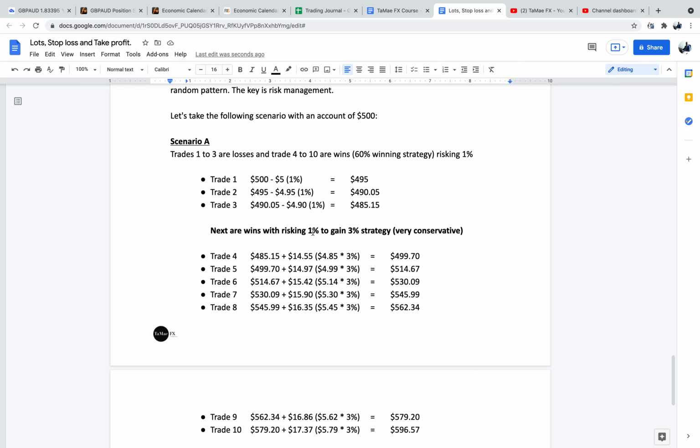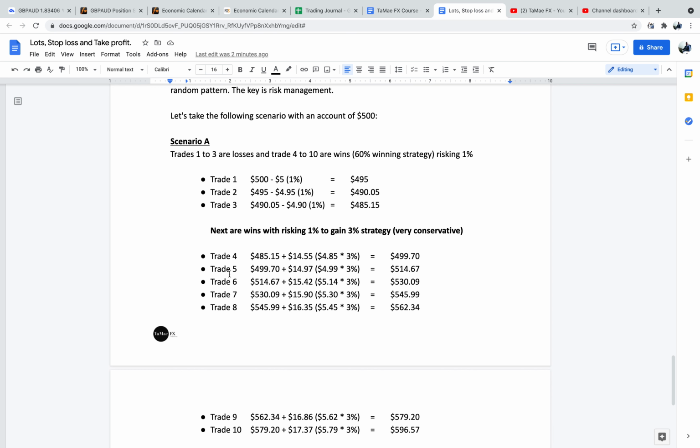As we say, the strategy is 1:3. So you risk 1% to gain 3%, which is very conservative. Okay. So trade number 4, your balance, remember, is now $485.15, and you win this one, risking $4.85 to get 3%. So $4.85 times 3 is $14.55. So if you add that, now you're on $499.70.